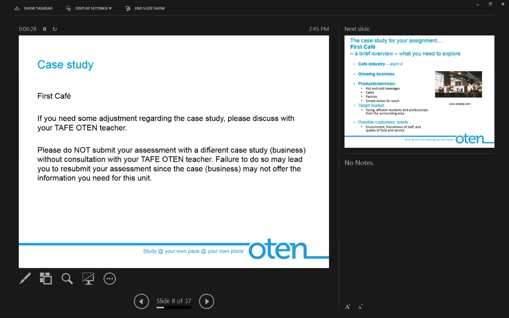Do not submit your assessment with a different case study or a different business without consultation with your TAFE teacher. Failure to do so may lead you to resubmit your assessment, since the new case or the new business that you suggest may not offer the information that you need for this unit. So please make sure you do the consultation.